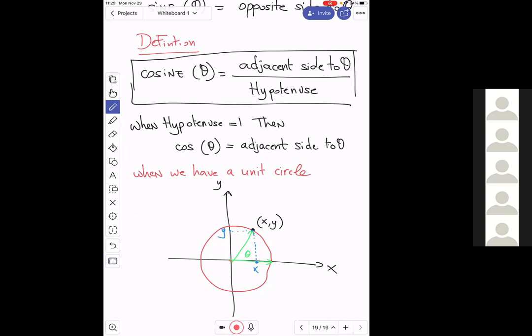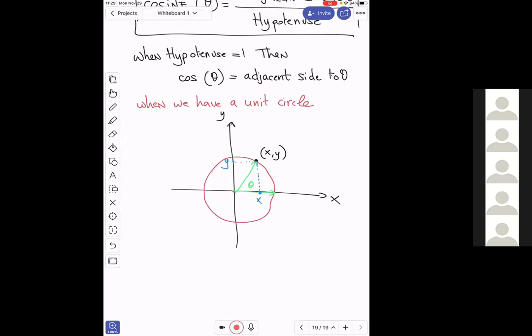So if we use these coordinates x and y, then cosine of theta, because again, cosine of theta is the adjacent side over the hypotenuse, right?